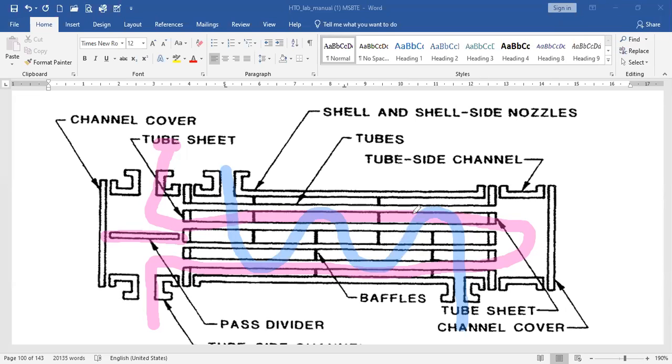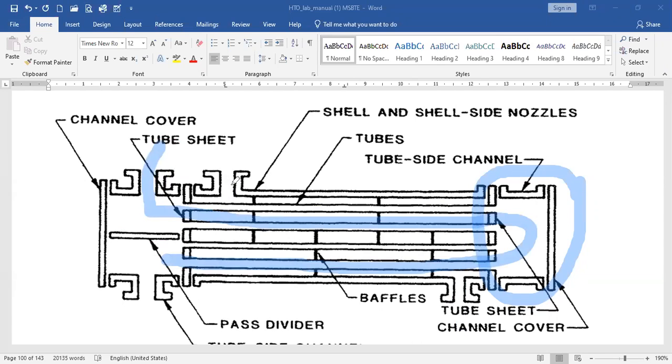Then this is another side of this heat exchanger. So it is also a channel. This channel is provided for passing this tube side fluid in this way, right?